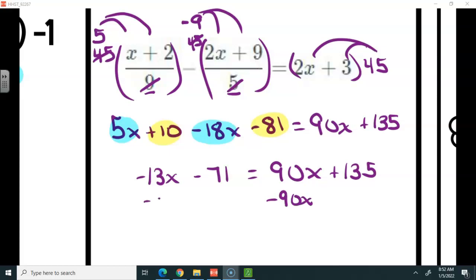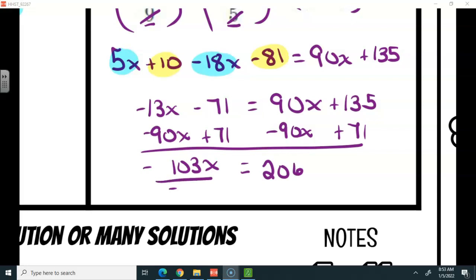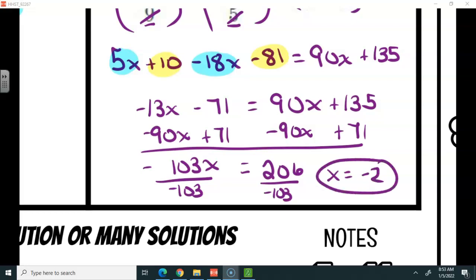Subtract 90x, subtract 90x. And we are going to have negative 103x, add 71, equals 206. Divide by negative 103, and x equals negative 2.